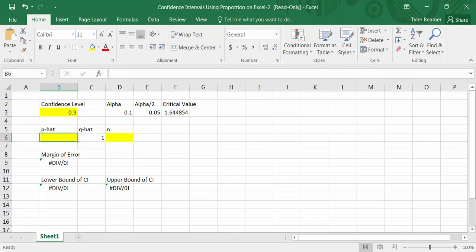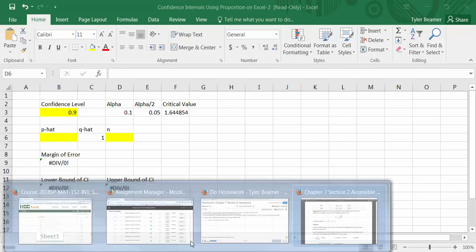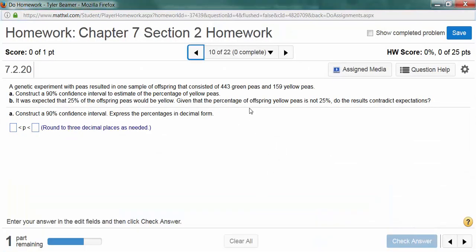Then you want to enter the value for both p hat and n. It might actually be good to just put the value of n in first. And so the value of n is the sample size. So let's look at our problem here. One sample of offspring that consisted of 443 green peas and 159 yellow peas.